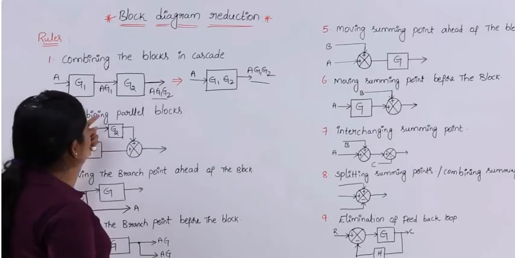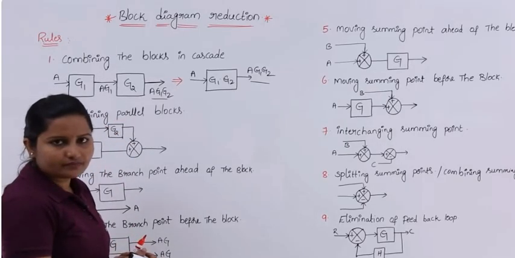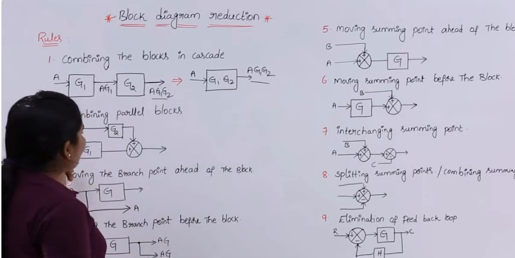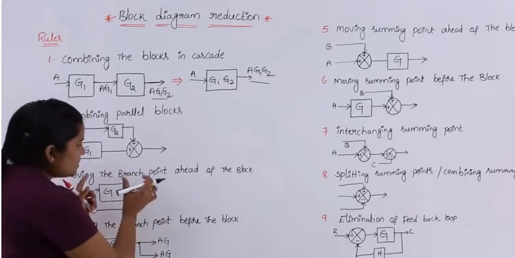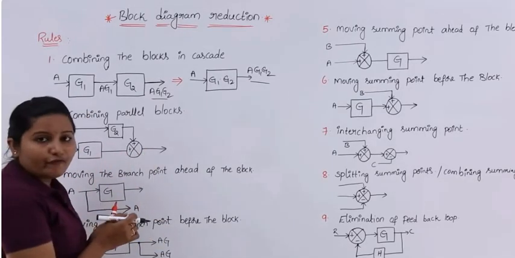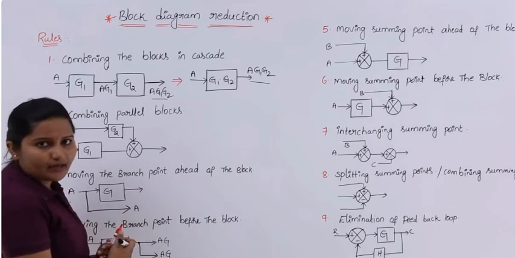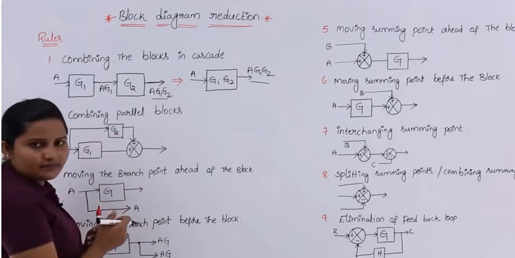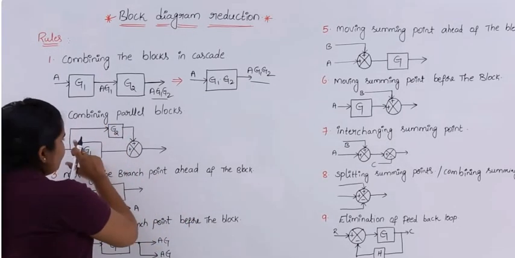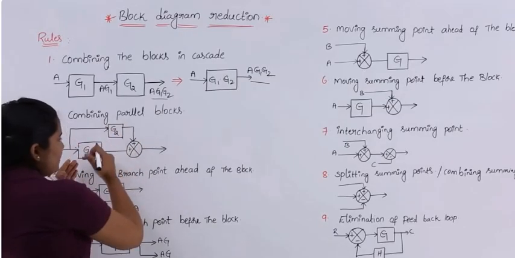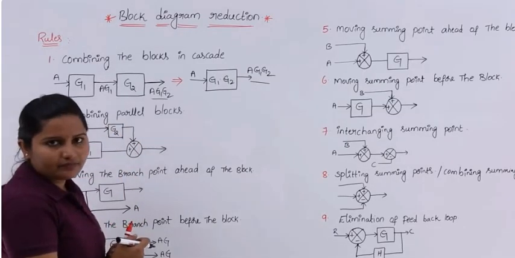Coming to combining parallel blocks. When can we say blocks are in parallel? When blocks are arranged like this with a summing point, these two blocks are said to be in parallel.